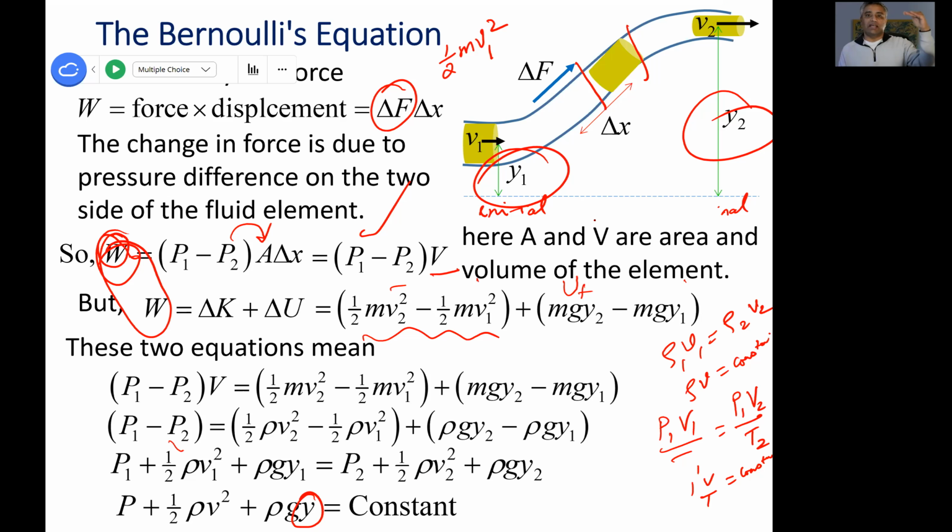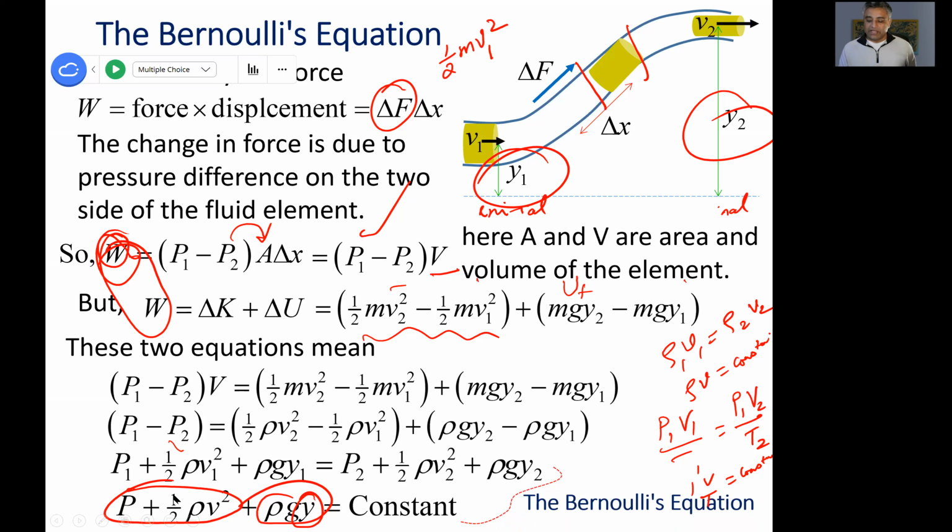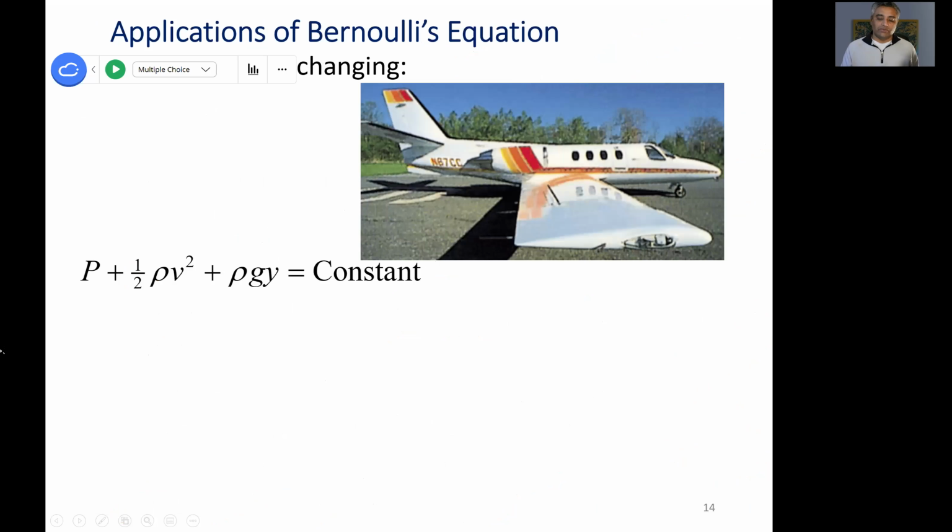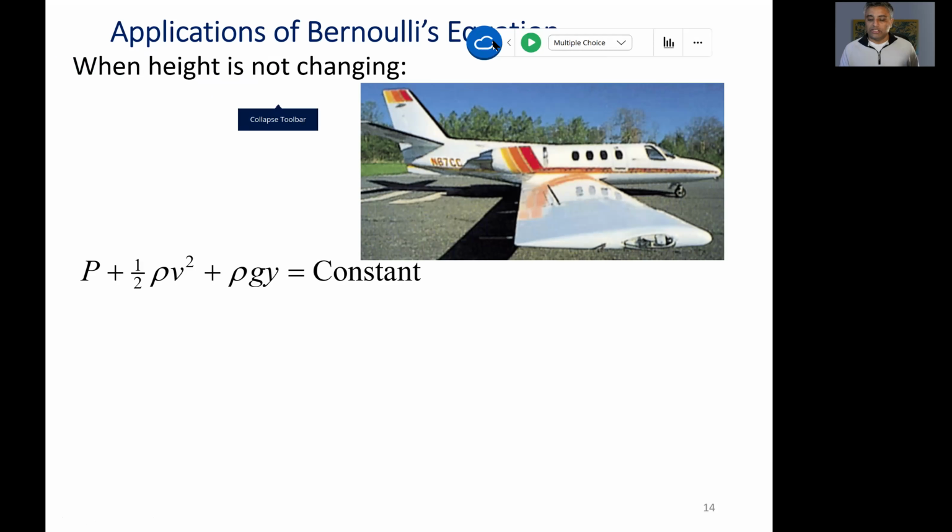Just like when height is not changing, we don't need to worry about gravitational potential energy. It's written in terms of density. So if we have just a horizontal flow, this equation becomes these two terms equal to constant, okay? If pressure is not changing, we don't need to worry about pressure, and so on. So that's how we're going to be writing this equation.